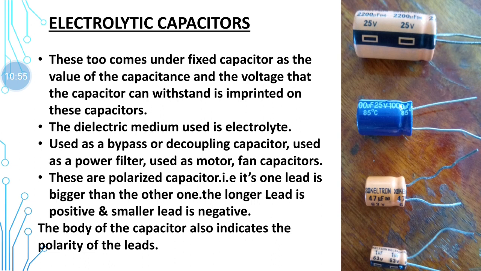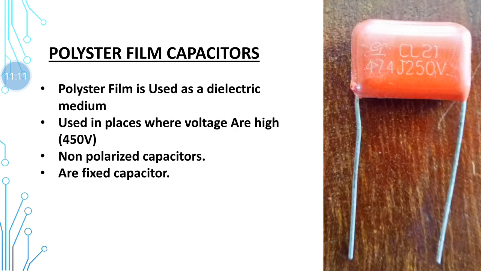It is a polarized capacitor because its leads have polarities: the bigger lead has positive polarity, and the negative lead is the smaller one. Polyester film capacitors are used mainly in high voltage applications. They are non-polarized ones.